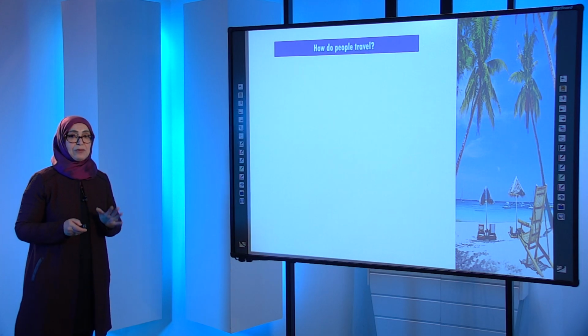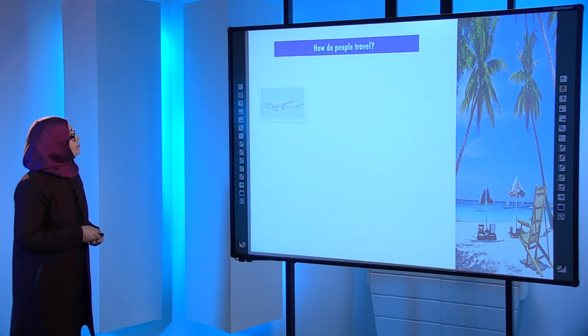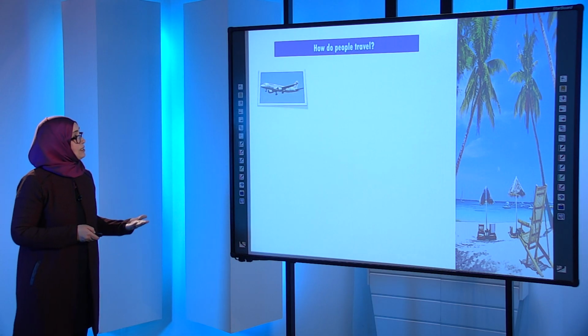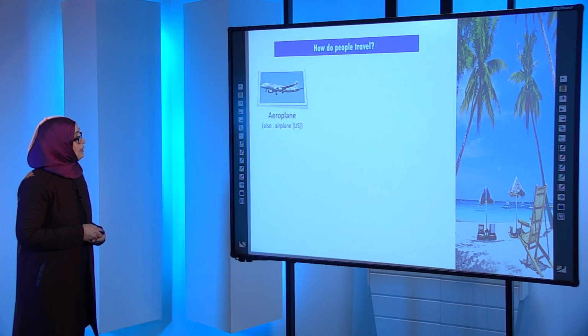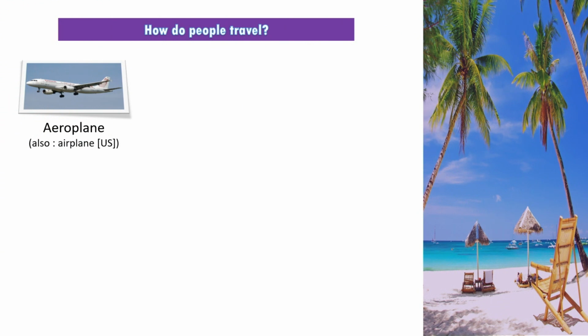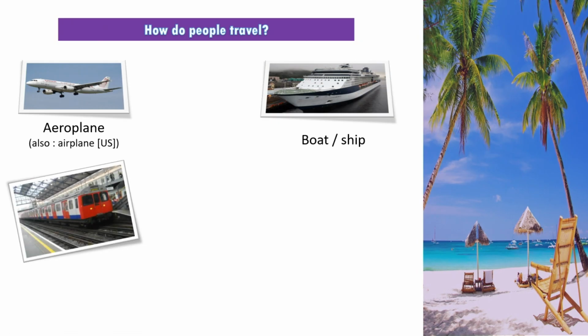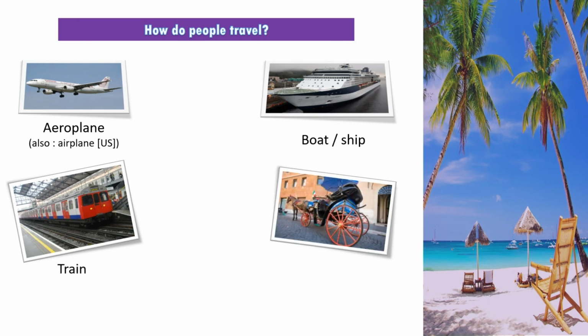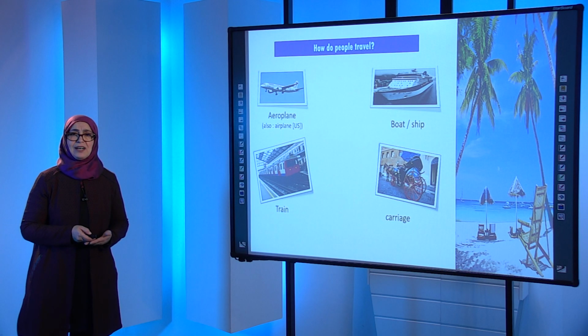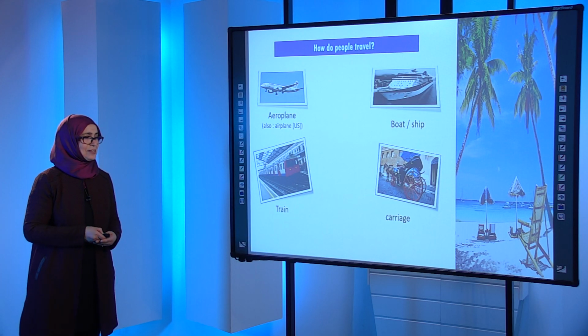Here we'll talk about the means of transportation. If you are traveling overseas, you will certainly take the aeroplane, also airplane in American English. Those who like the sea would prefer taking the boat or the ship. Long distances can also be covered by train. Or you may take a carriage, but a carriage is not used today for long distances.